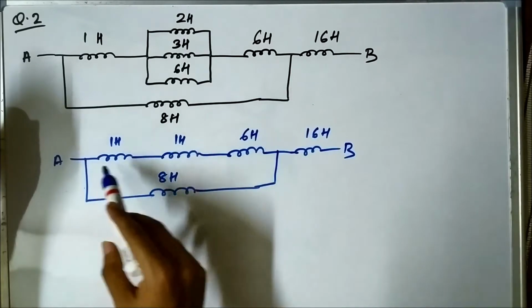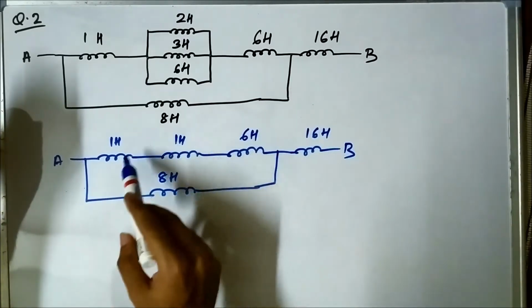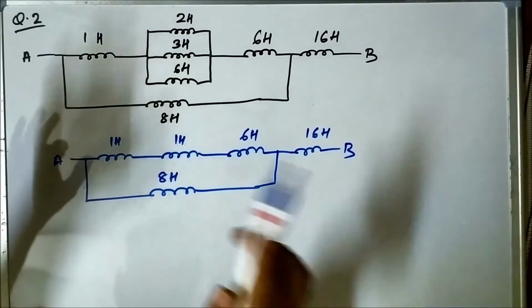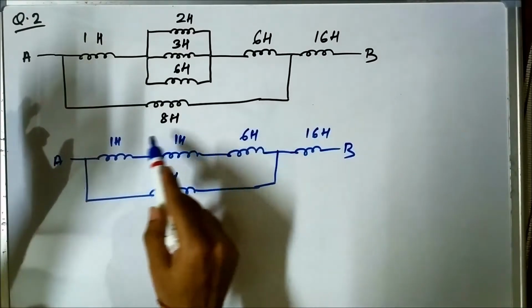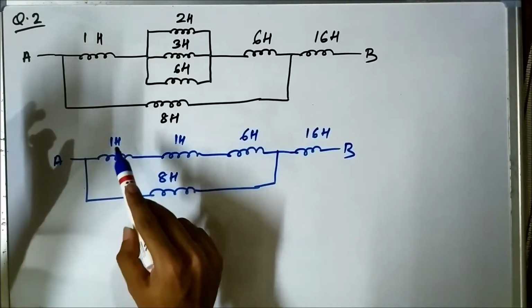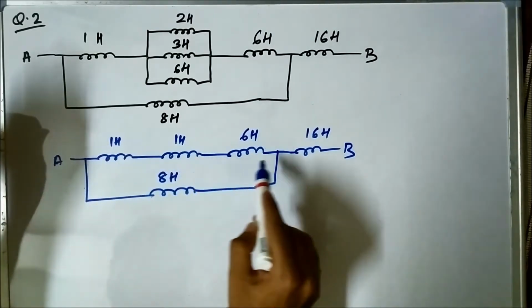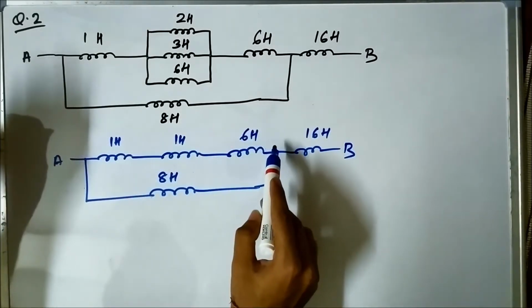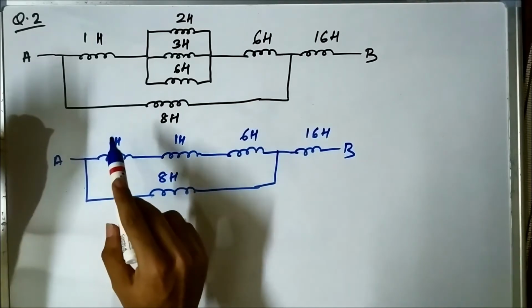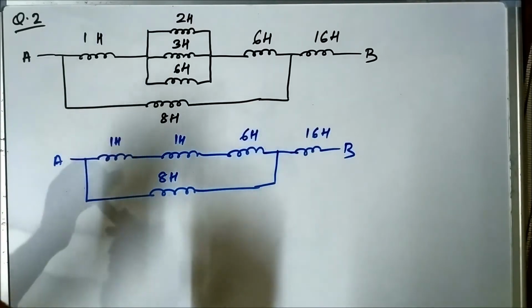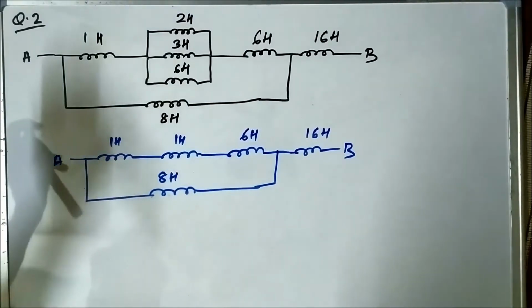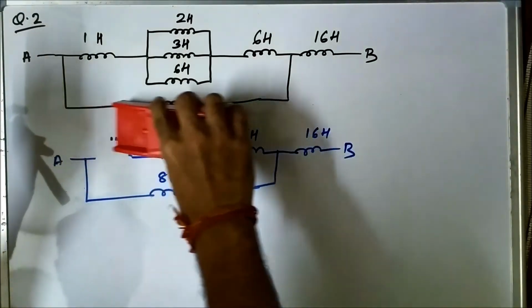These three inductors are connected in series in an end-to-end pattern. So the equivalent inductance of this combination, which are connected in series, is simply the sum of the individual inductances, that is 1 plus 1 plus 6, which is equal to 8 Henry. So let us just combine them together.